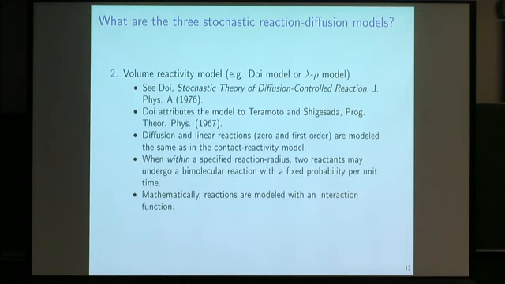Like I said, we'll go into a lot more detail of the mathematical description of these models in the next lecture. Here I just want to go at a high level, and we will see a little bit of the equations in a few slides. The second model we'll talk about is what I'll call the volume reactivity model. It's also called the Doi model or the lambda-rho model in the literature. And this model is almost the same as Smoluchowski.